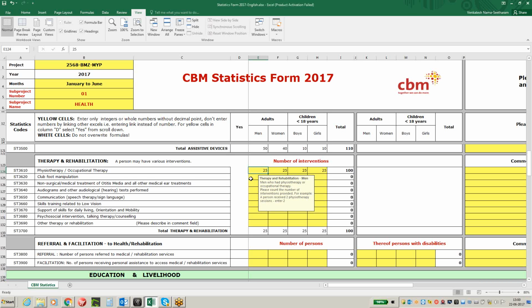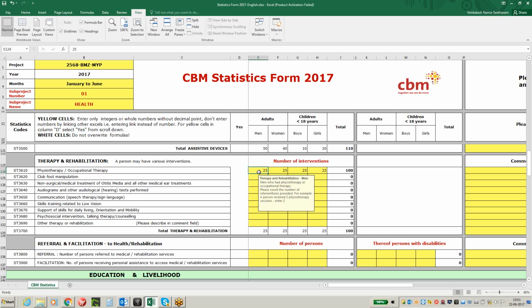What I've just noted is that for physiotherapy or occupational therapy in this particular line, what we're supposed to fill is just the total figures for boys, men, girls and women. Now, what if the same person is also having clubfoot manipulation?